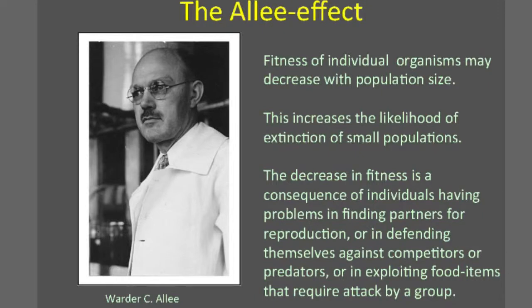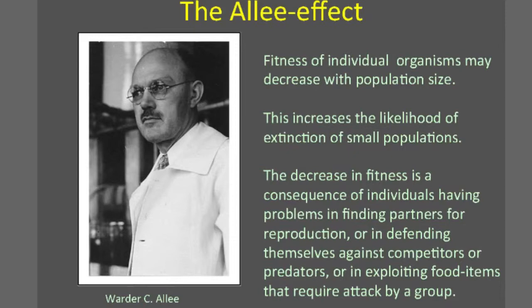Small populations have another problem as well. It's called the Allee effect. So given that you have a small population is already bad enough. But the Allee effect says that if you have a small population, then the average fitness of the individuals in that population is much lower than the fitness of their conspecifics that live in a large population.